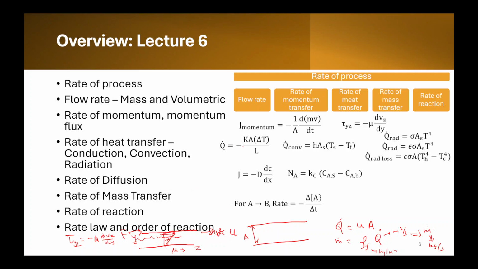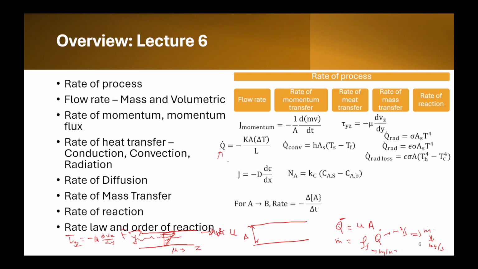Next, the rate of heat transfer through the different modes such as conduction, convection, and radiation were discussed. So these are the relations given here, and this is Fourier's law. This is the relation for Fourier's law, and this will not be denoted as Q dot.